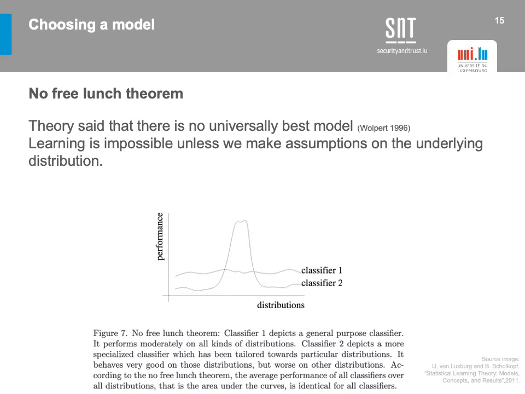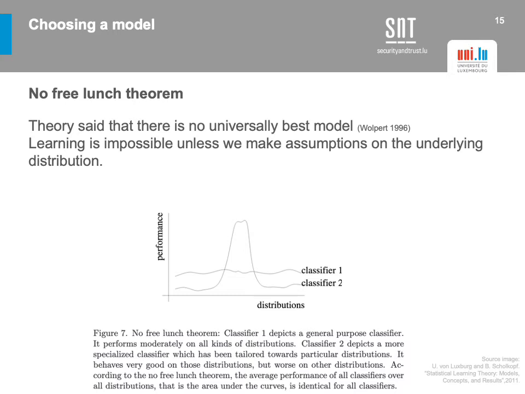There is not a single model that performs well everywhere, that performs best for every data distribution, so for every dataset. Some models may perform well on spam filtering, some other may perform well on recognizing images of cats and dogs, some other models may perform well on other tasks.